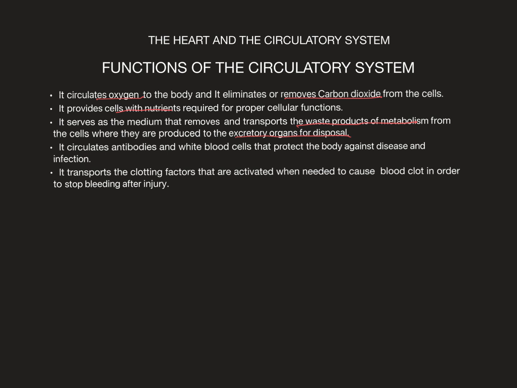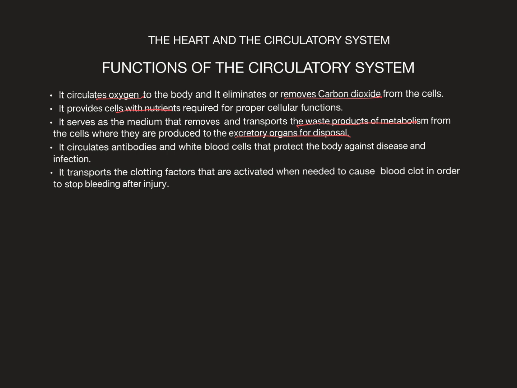So many cells that are functioning produce waste products. Because the cells do not need the waste products, they have to be eliminated from the body, and it is the circulatory system that takes part in eliminating those waste products.